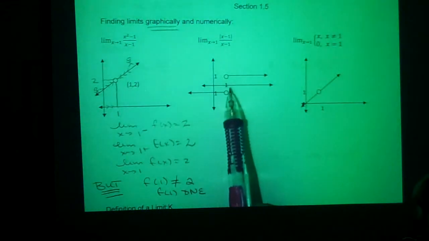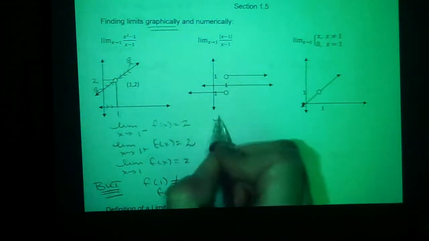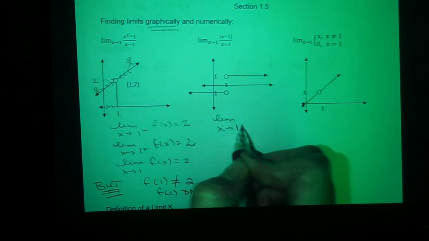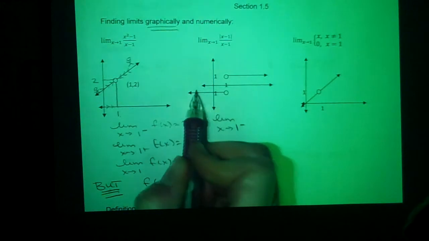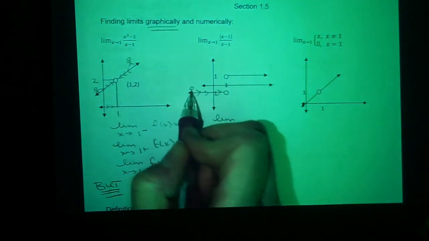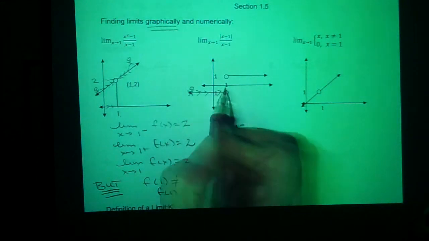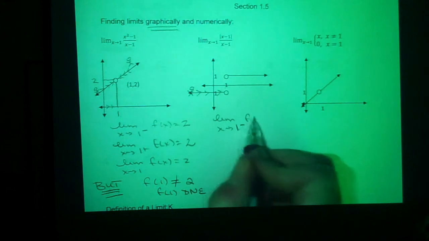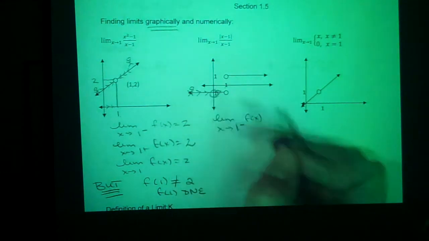Graphically on this, same idea. If you approached x value of 1 from the left, you'd be down here on this piece of the piecewise function, where your x values are less than 1. And so the limit of that function is this y value, -1.